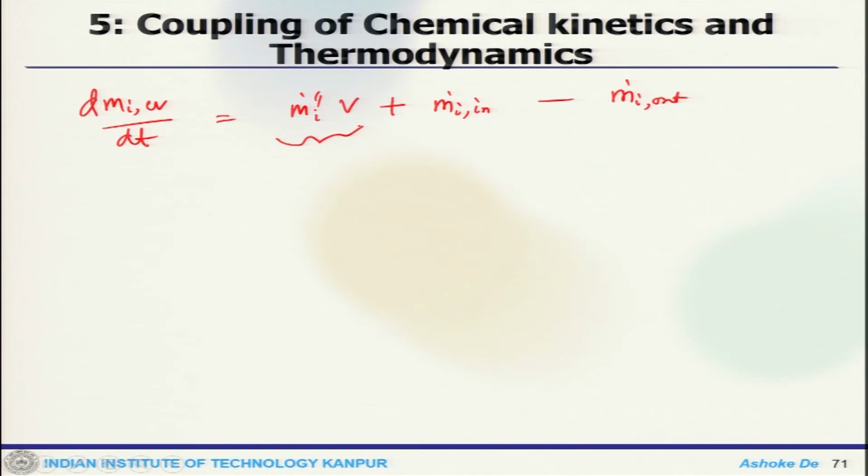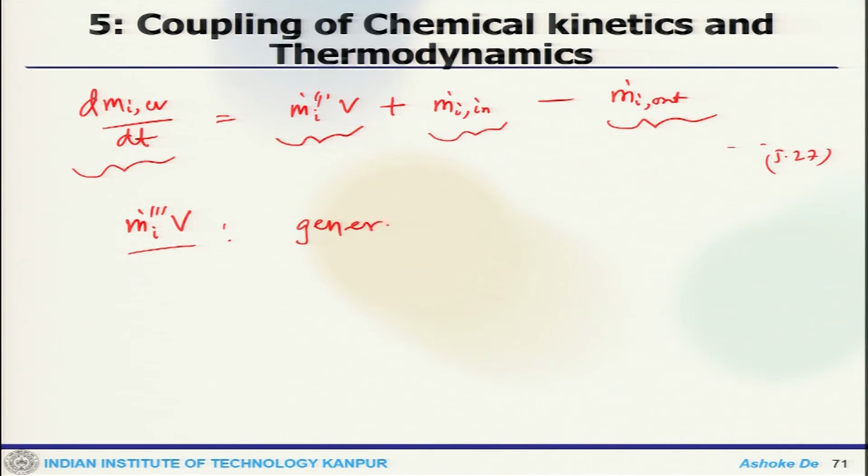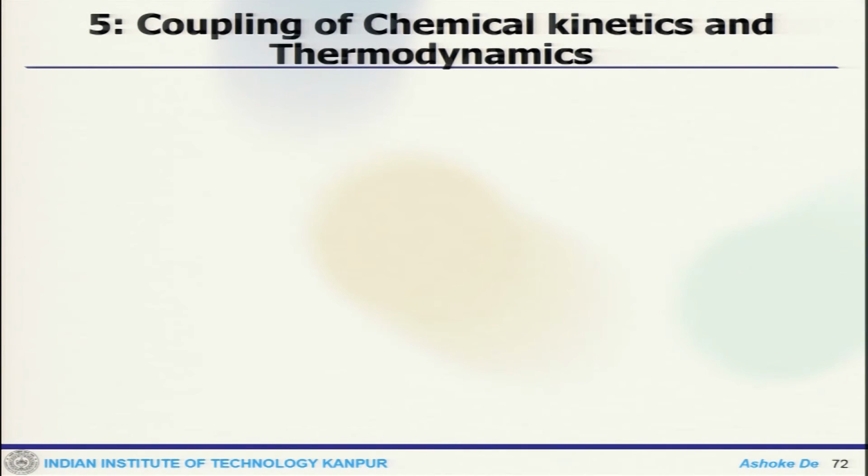So, this is the rate at which the mass of I is generated, this is the flow of I which comes into the control volume, this is what goes out, and this is the rate at which this changes. Now, m dot I V, this is the source term. So, essentially this is either generation or destruction of species by chemical reaction through transformation of one species to another species.